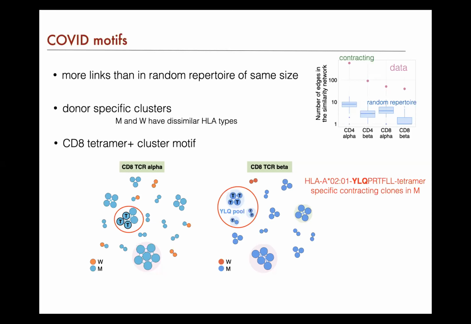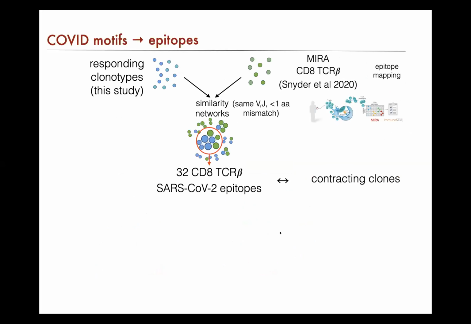So this is in donor M, and what can we learn about the different clusters? Here we turn to yet another data set from the community. This is the MIRA data set that I think we'll hear more about. This is an assay for doing epitope mapping.